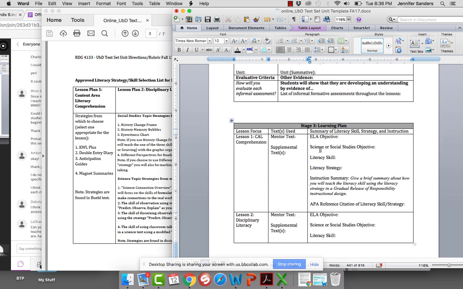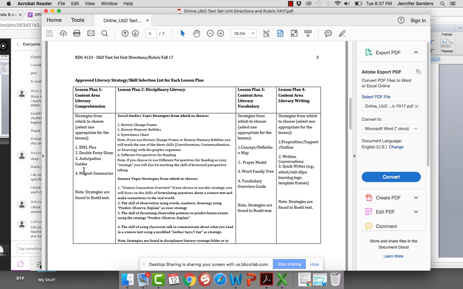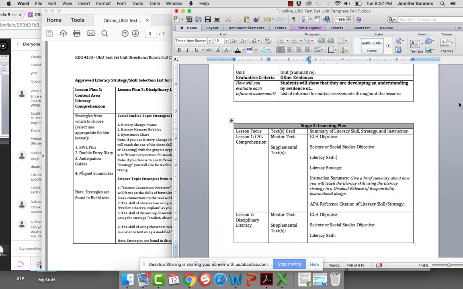There's your ELA, there's your science. When we talk about the literacy skill, this is where you're going to bring your Buell text. So you're going to use, in the first lesson, one of these lesson strategies here. KWL, double entry diary, anticipatory guide. I cannot talk today. And then your magnet summary. That's going to be here.